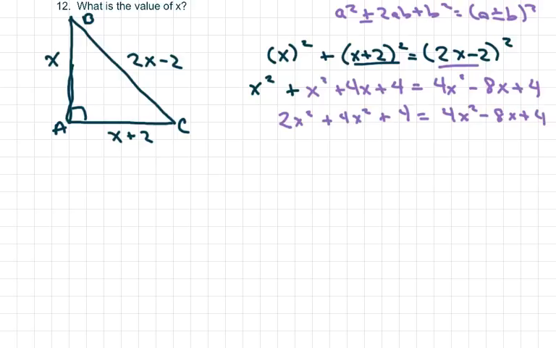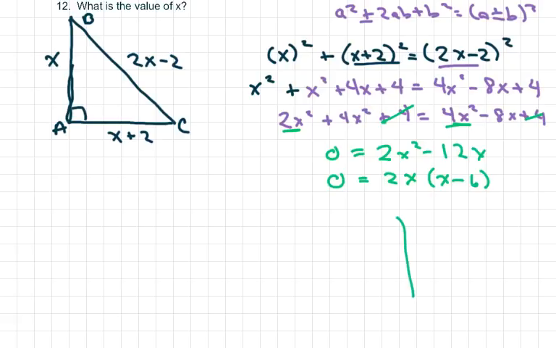Now solve the equation by moving everything over to the right. I want to move it to the right because I want my x squared positive. So we're going to get 0 equals 2x squared minus 12x. So we're going to factor out a 2x. You get x minus 6. So you have different solutions.